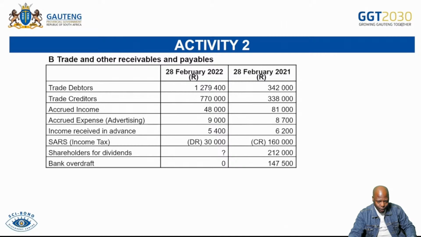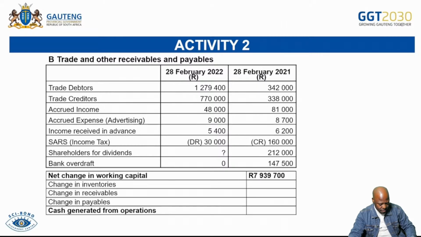And the next aspect now, I'm now looking at my receivables. Remember, I've done my inventory already, so I'm looking at my receivables. Okay, so first, remember what I said. There are certain aspects of receivables that you must not take, as well as payables. So in your receivables in 2021, I'm going to take my debtors.